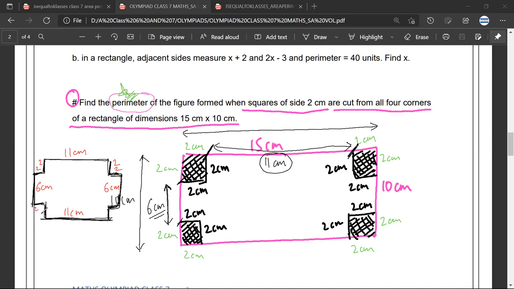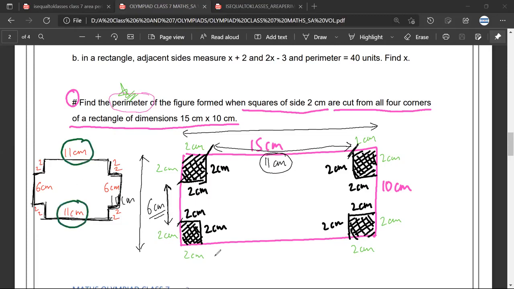So first it will be 11, then plus 2 and plus 2, and then plus 6, and then plus 2 plus 2, and 11, then plus 2 plus 2, and then again 6. Shabash.